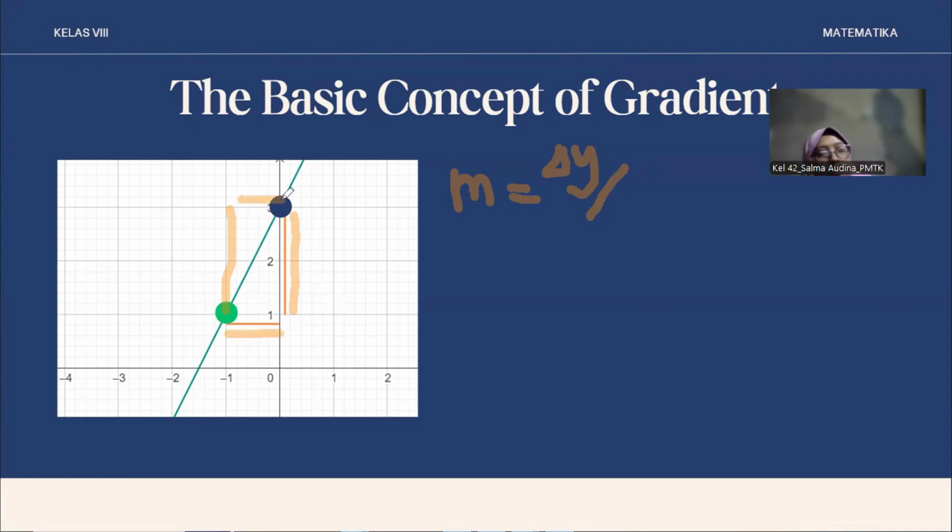Because the horizontal distance in the Cartesian diagram is x, we can write here for horizontal distance delta x. So this is the basic concept or basic formula to find gradient.